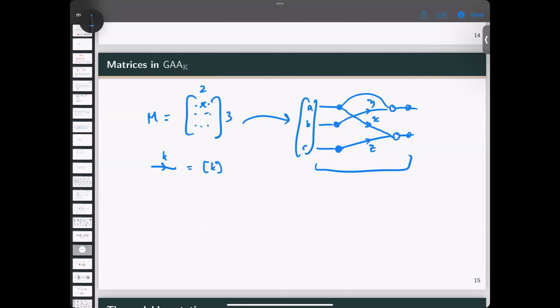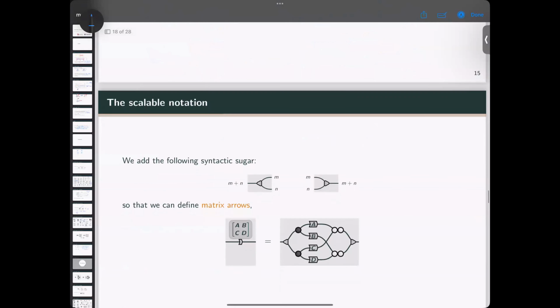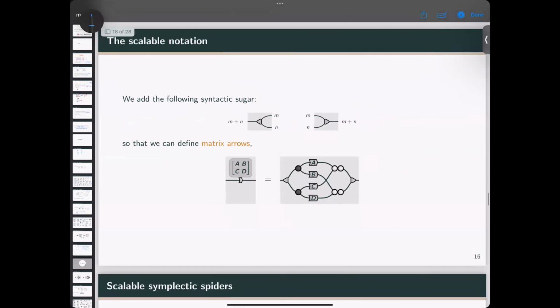So you have most of matrix algebra inside of GAA, but it's not particularly convenient to work with matrices in this way. If you get big matrices, then the diagrams are going to be very big and unwieldy to work with. So instead, we introduce a little bit of syntactic sugar, which is based on a bunch of different things.